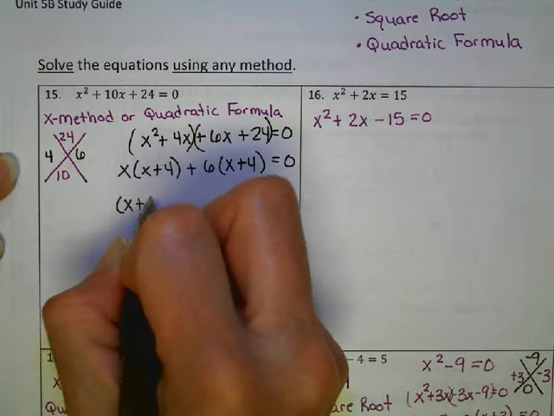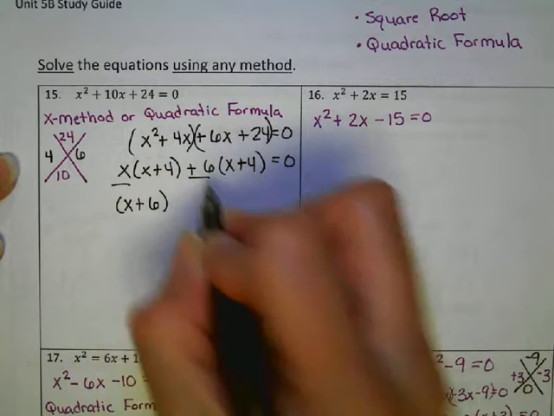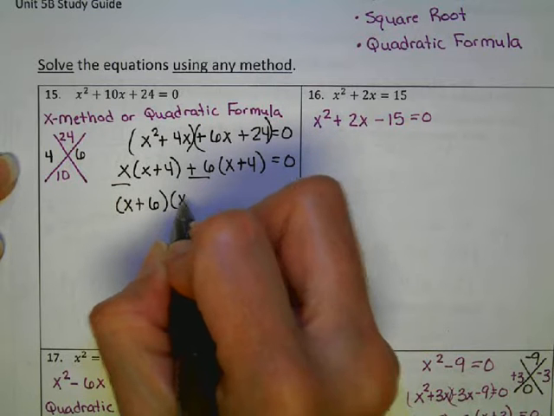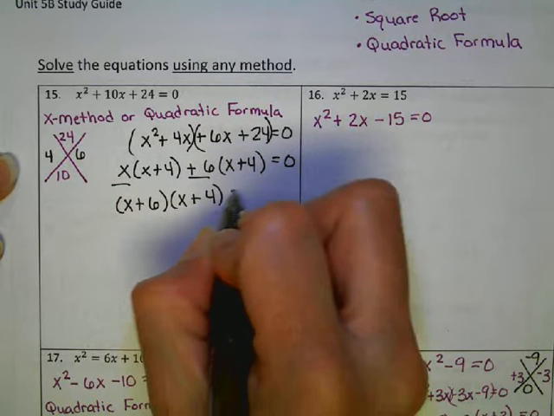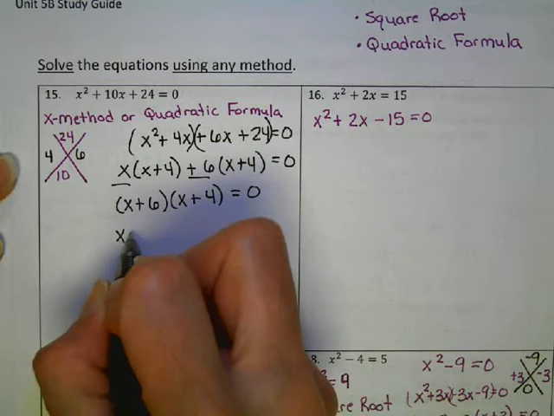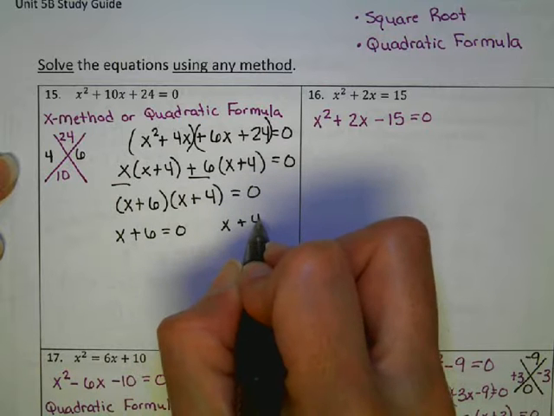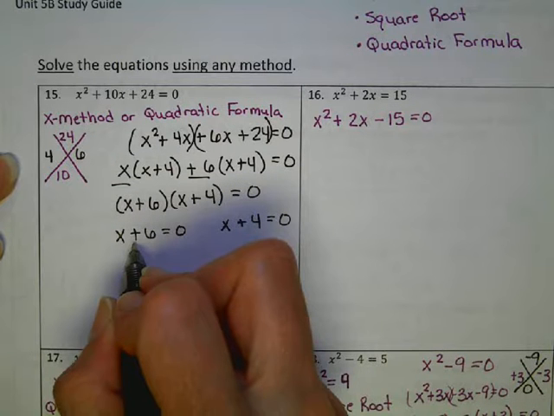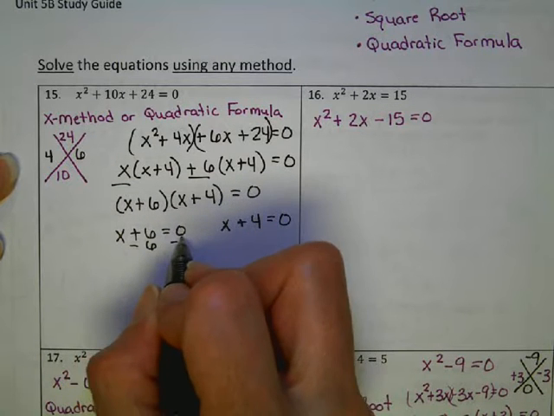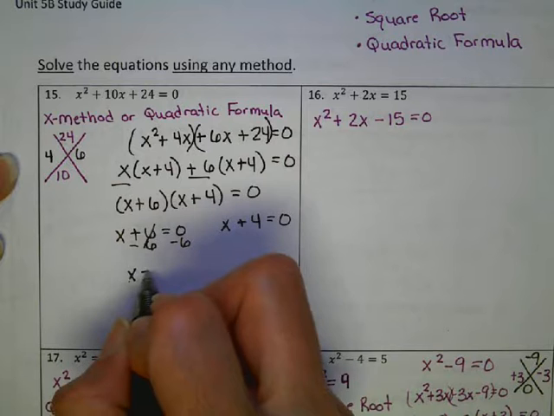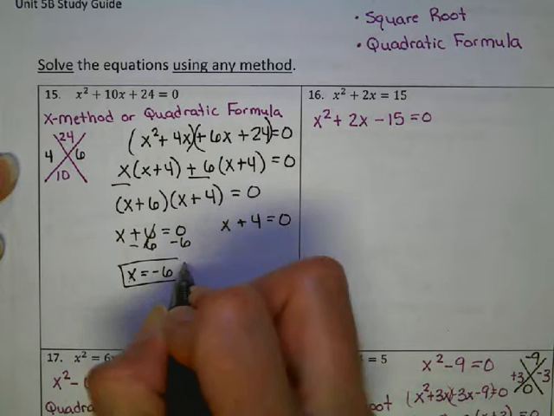Those GCFs we took out go in the first parenthesis, and in the other parenthesis we wrote down x plus 4. Set your two parentheses equal to 0. This one I'll subtract 6 to get x by itself. This one minus 4.